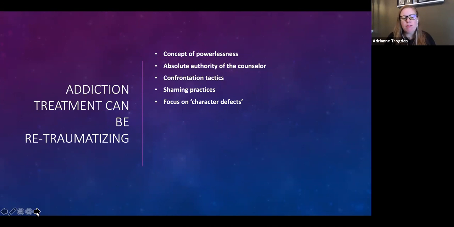It can reinforce that shame, that they're defective in some way, that they're unlovable, things like that. So that terminology alone may not be a good idea when working with people that have experienced trauma and addiction.